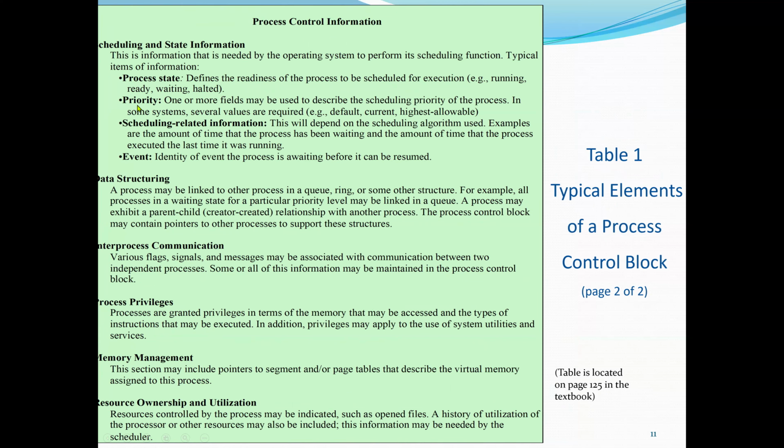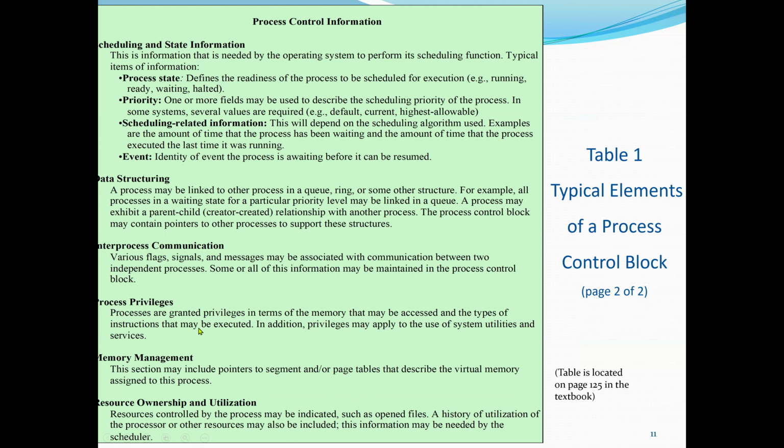We also have the scheduling and state information, data structuring, interprocess communication, process privileges, memory management, and resource ownership and utilization. These are all typical elements of a process control block.